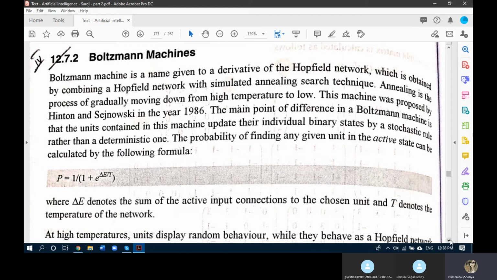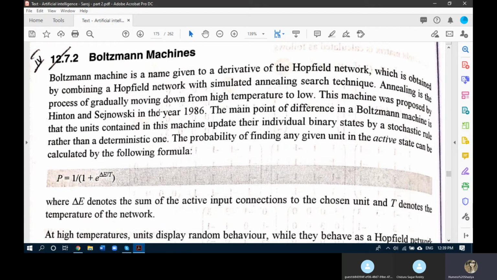When a Hopfield network is combined with a technique called simulated annealing, it turns out to be a Boltzmann machine.